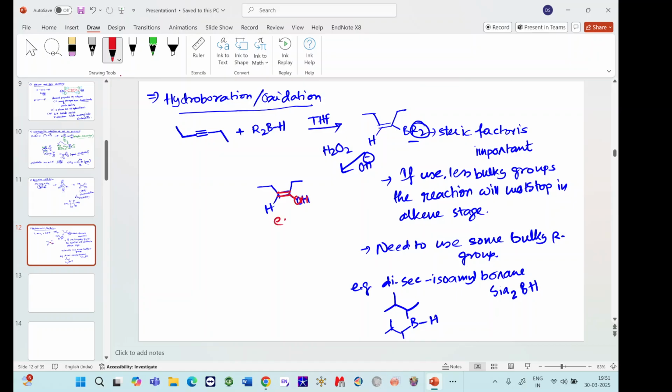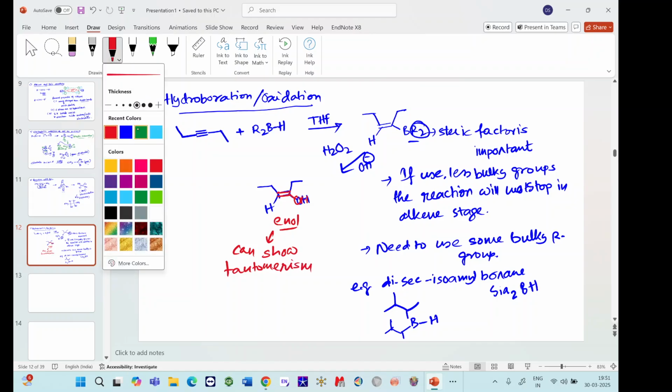Okay, so this is called enol. So enol can show tautomerism. How will the tautomerism take place?